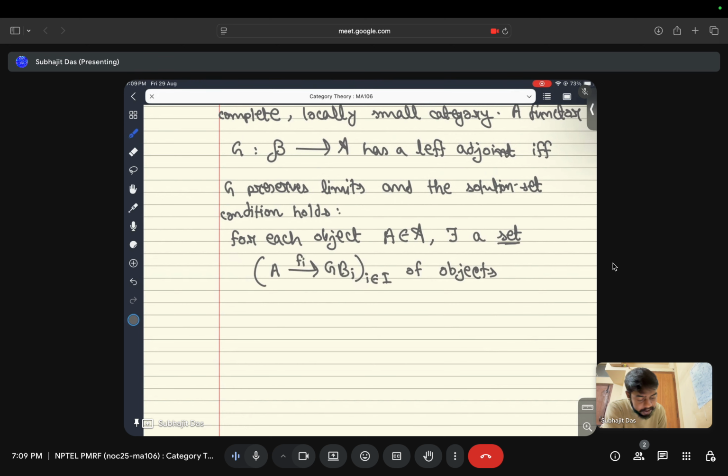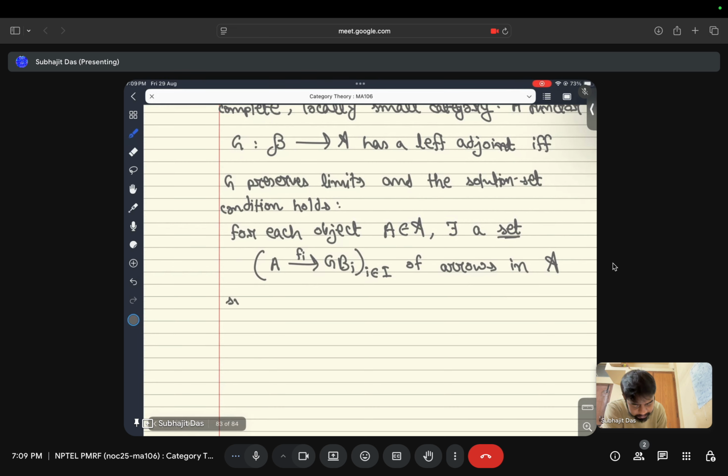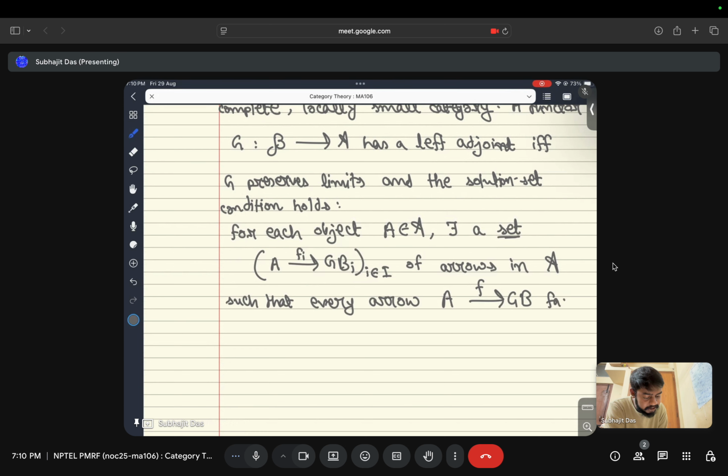Let's treat them as a set of arrows in A such that every arbitrary arrow A to GB factors through F, not necessarily uniquely, because this is just supposed to be a weak initial set of objects.